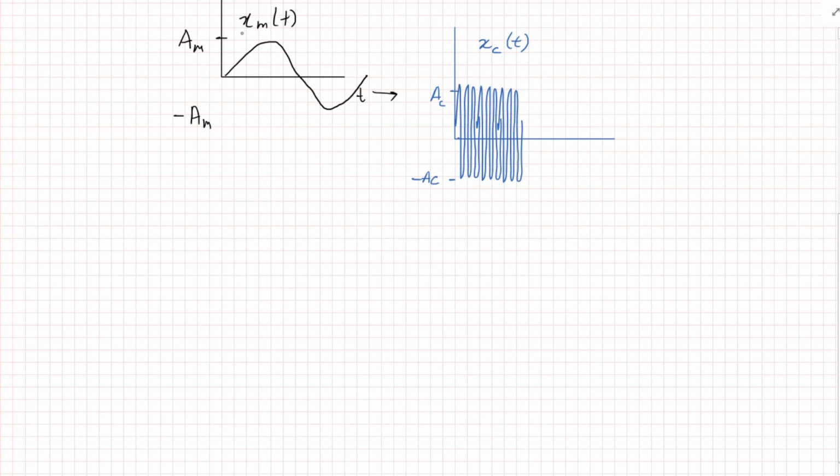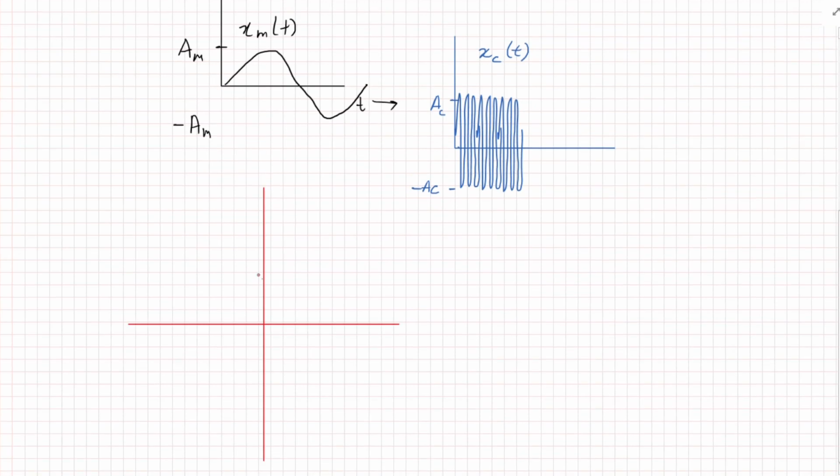So now we will go into the graphical representation of the envelope that is formed. So here we mark A_c. This point is then A_c plus A_m, and this point is A_c minus A_m.